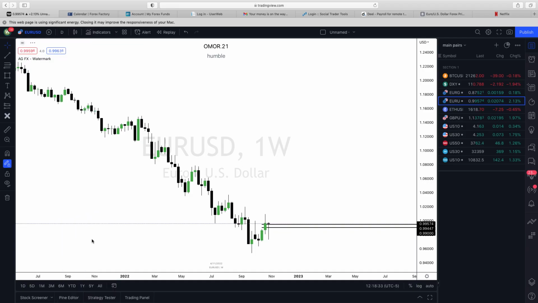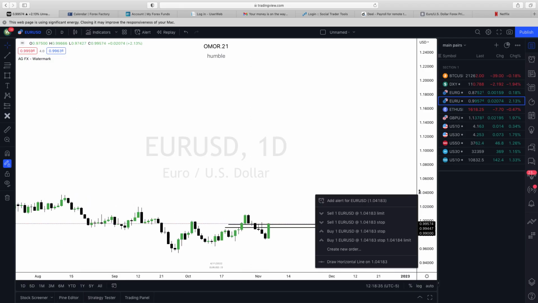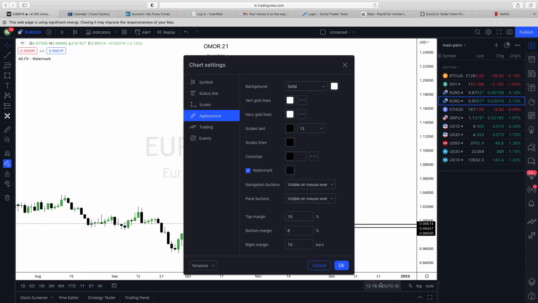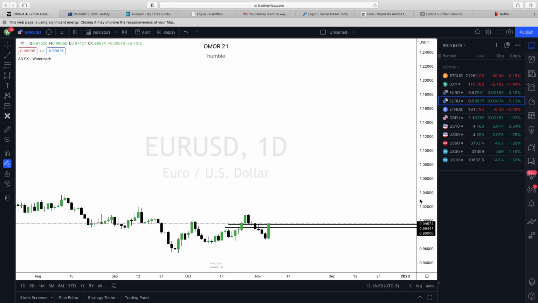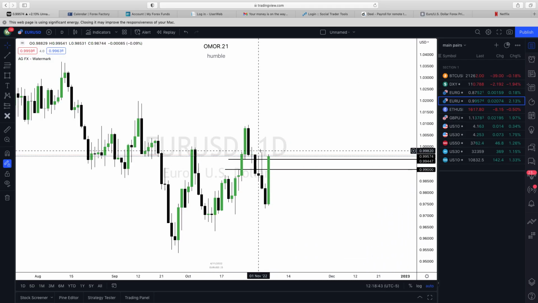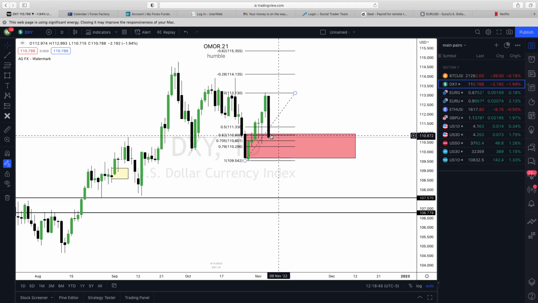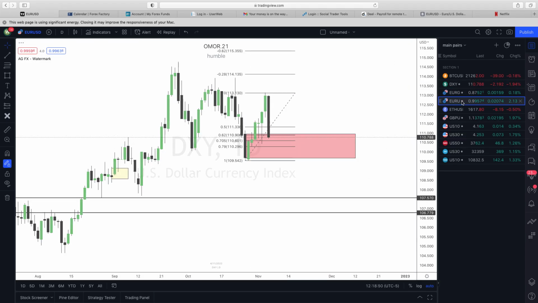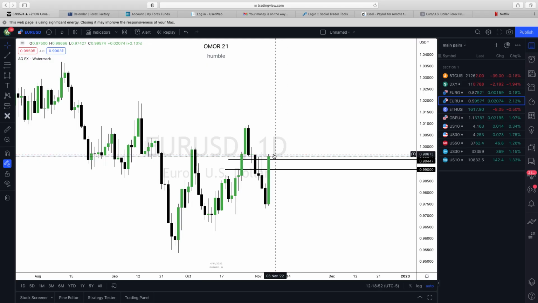If you go on the daily chart, it's the same as the DXY, right? We had that move, we had this run on this high here. Now we're inside this daily order block, right? You see how the DXY has overshot into it a little bit, and Euro USD has just gone here into it, right? Now, I want to see the opposite of the DXY and the Euro.